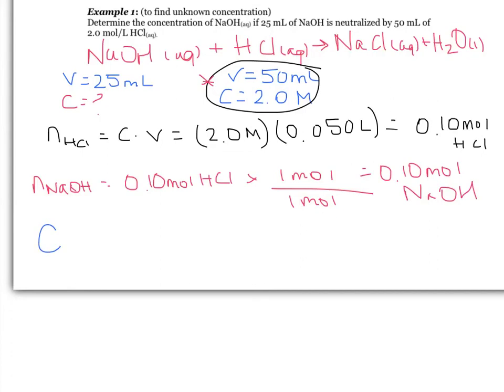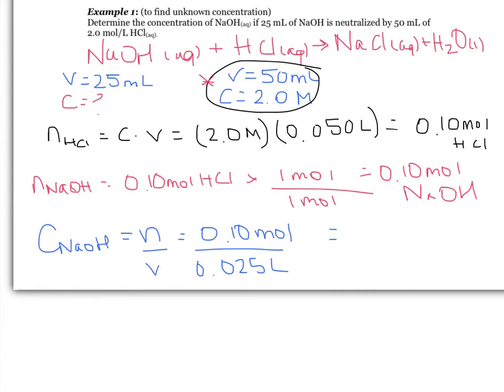Lastly, to find the concentration of sodium hydroxide, we will use moles divided by volume. We have 0.1 moles of sodium hydroxide in a given volume of 0.025 liters. To the appropriate number of significant figures, the concentration of sodium hydroxide is 4 moles per liter.